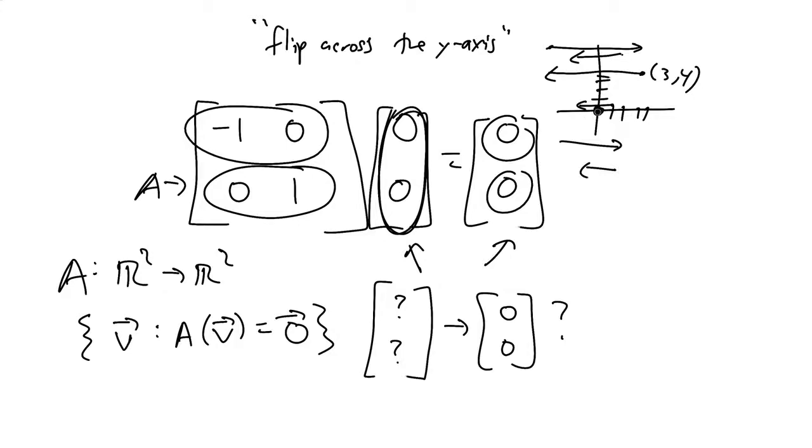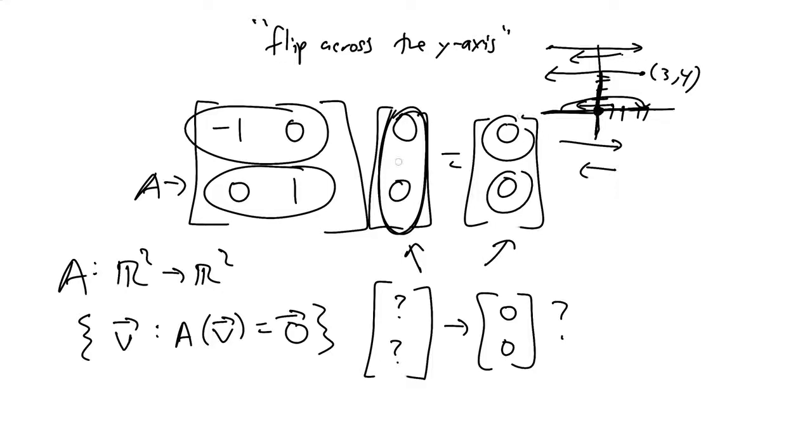Because if you started anywhere above or below the 0 point, you're not going to end up on the origin because you're not changing your y value by this operation, right? And if you started anywhere over here or anywhere over here, you're going to be flipped to the opposite side. You're again not going to end up on the origin.